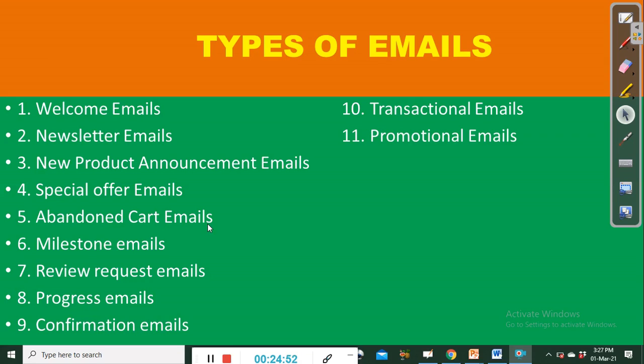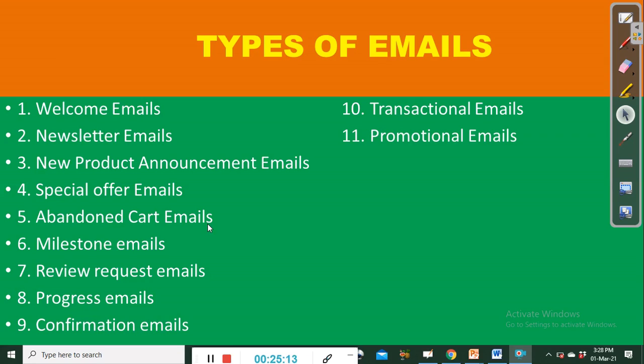Then number 8, we have the progress emails. The purpose of the progress email is to identify key difficulties and concerns and help your customers along the way.